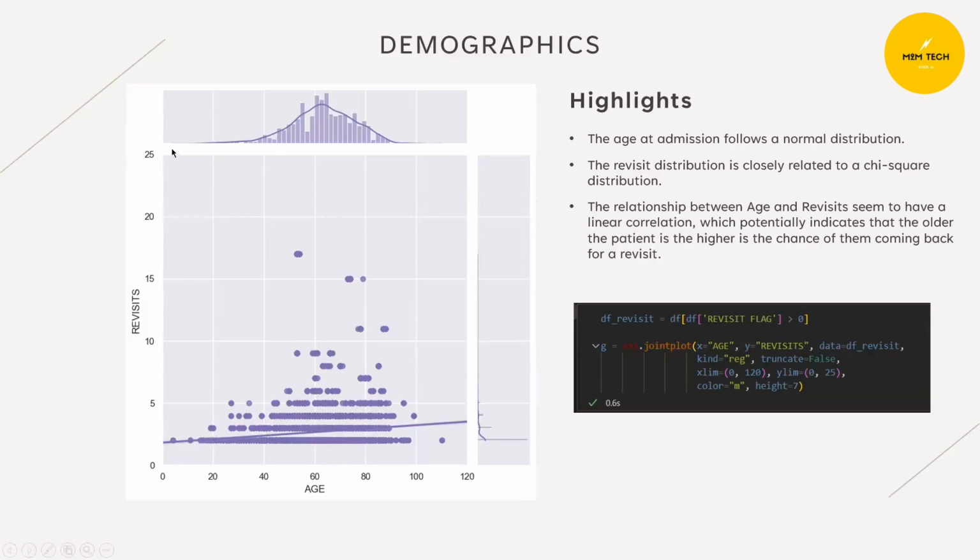The distribution for age pretty much follows a normal distribution, whereas the distribution for the revisits pretty much follows a chi-square distribution.